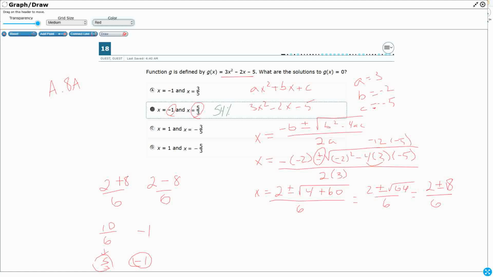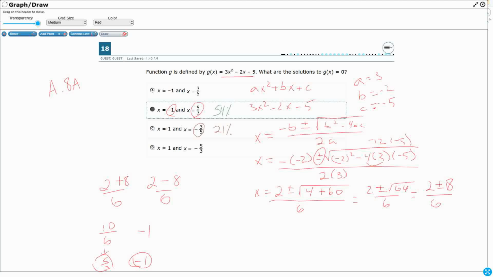And we had 21% choose C, right? And you notice here that it was just the inverse, right? Inverse of sign and then the inverse of the 5/3. And then we had the 1 rather than the negative 1. So we had sign errors when we were most likely factoring rather than using the quadratic formula, and they just had a sign error.